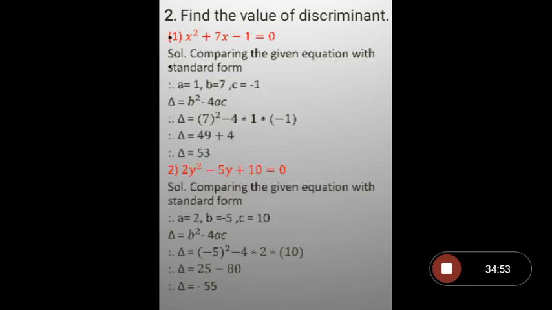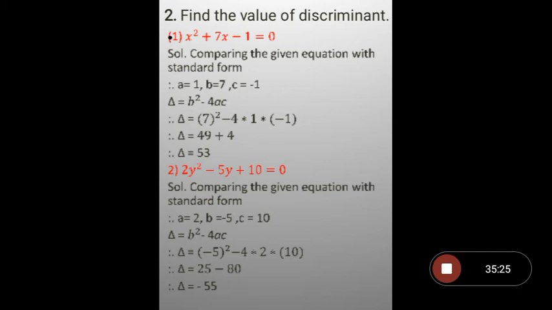Now, in the second question, find the values of the discriminant. First equation is x square plus 7x minus 1 is equals to 0. In this, first we have to compare the given equation with the standard form and find the values of a, b and c. Therefore, by comparing, the value of a is equals to 1, the value of b is 7 and the value of c is minus 1.